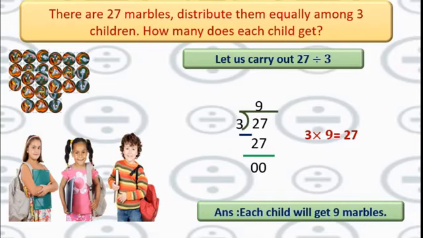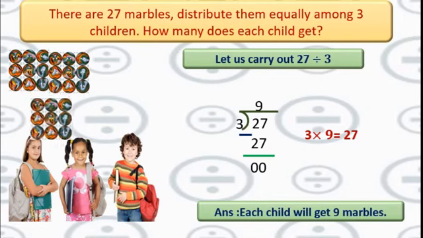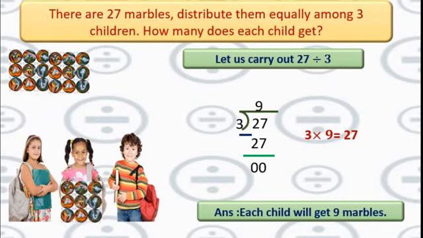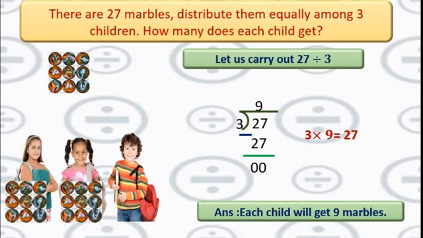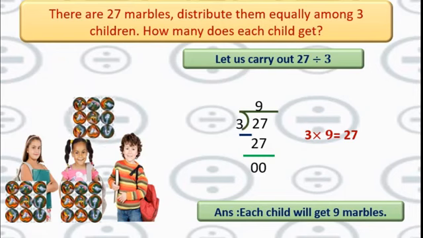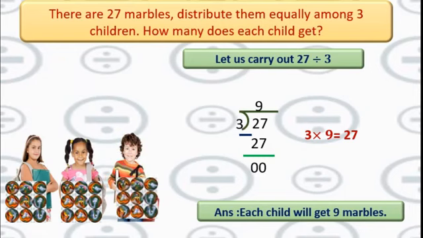Now we will distribute these 27 marbles among 3 students. These 9 marbles for this girl, these 9 marbles for this girl, and these 9 marbles for this boy. No marbles left. Right?